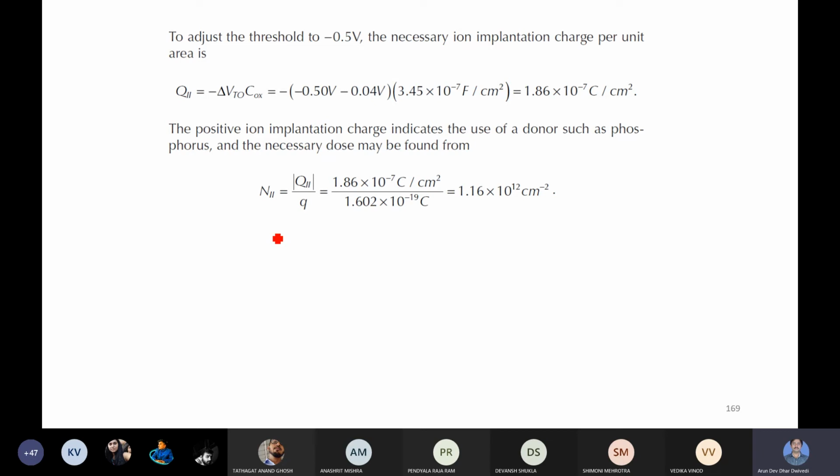We know the charge per unit area, but we want the number. So by dividing by q, the electronic charge of one dopant, it gives the number, which is now the dose. It is called dose, meaning number of ion implanted charges per unit area.